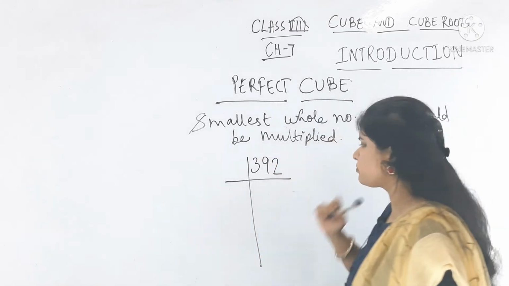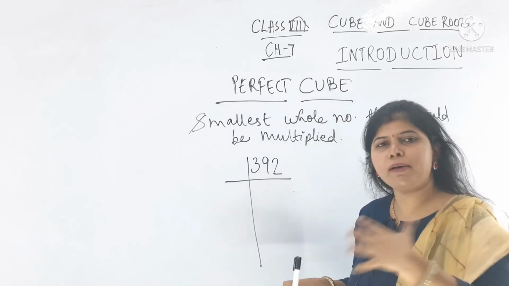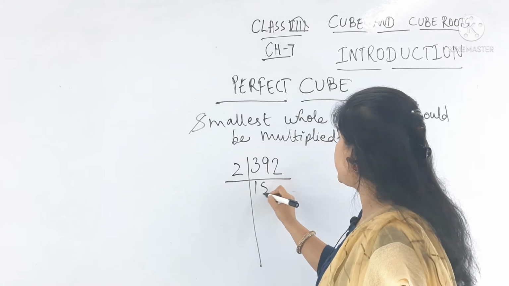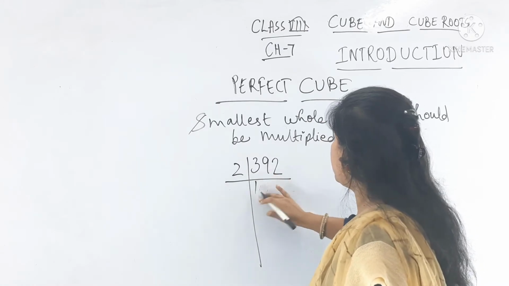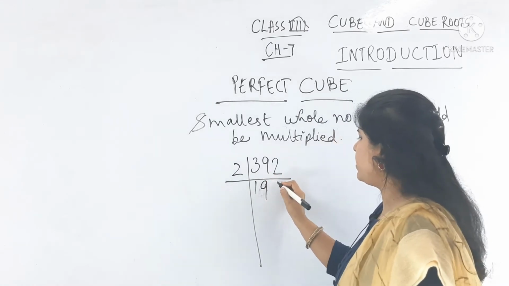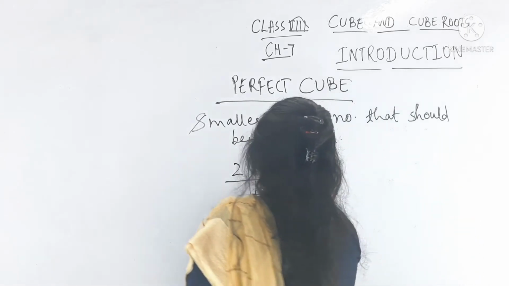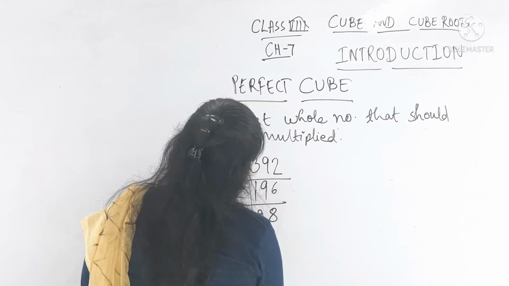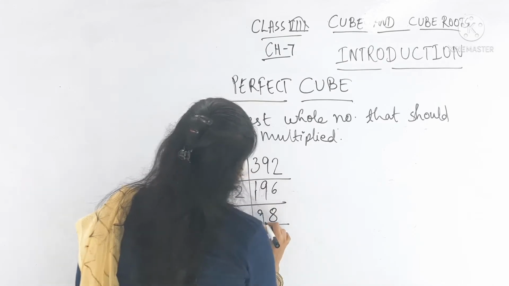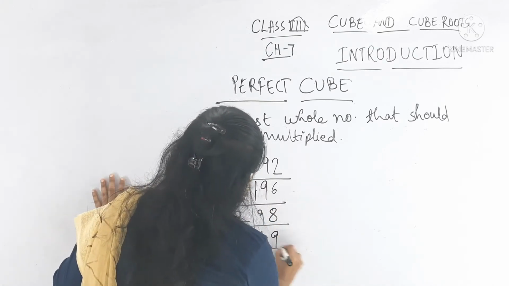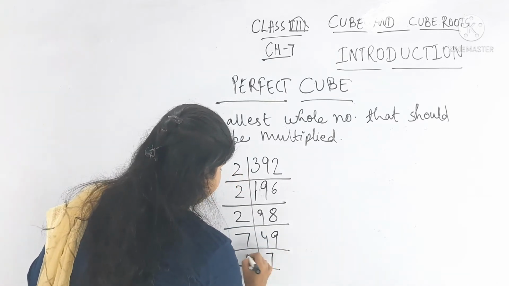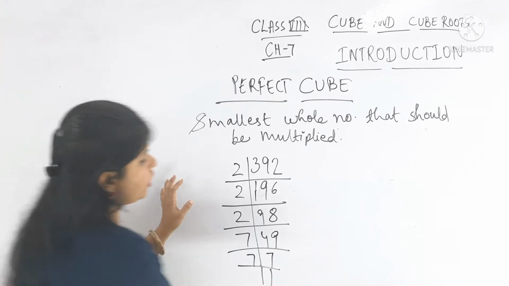First we will get the factors of 392 by prime factorization. 2 ones are 2, 2 nines are 18, 2 sixes are 12, 2 eights are 16, 2 fours are 8, 7 sevens are 49, 7 ones are 7. So here what are the factors?